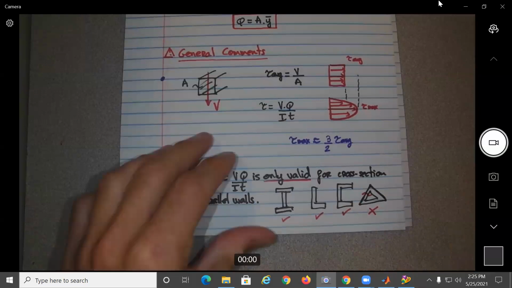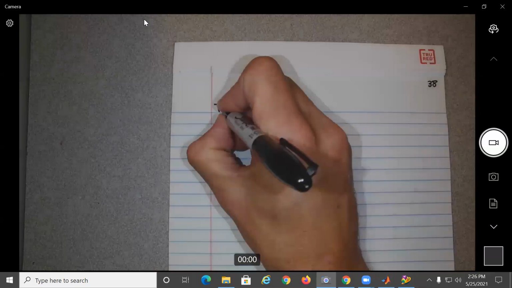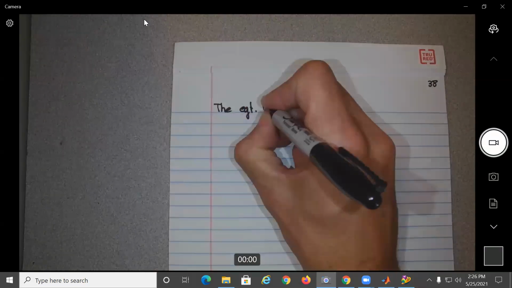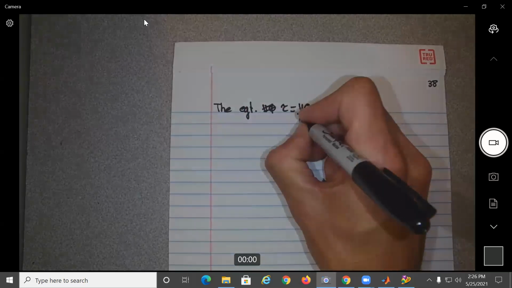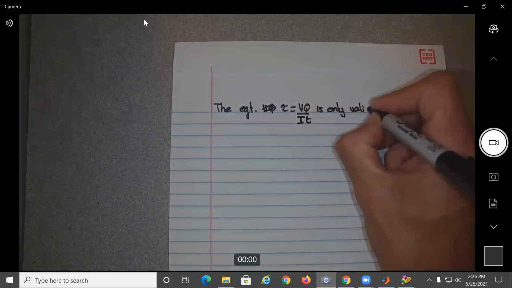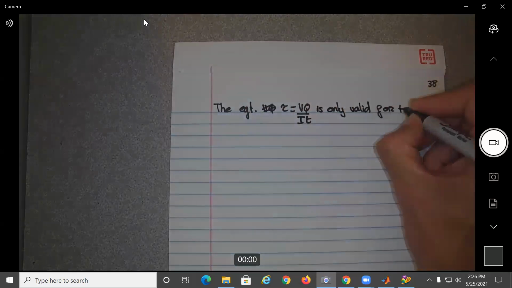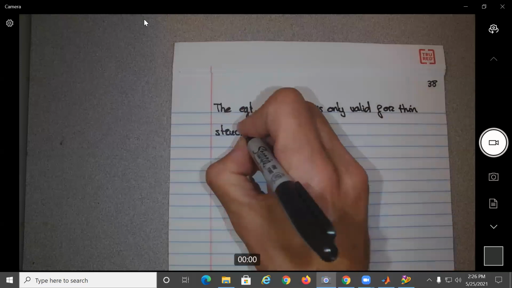All right, the other thing, another comment, but this is also true for the other one. All right, let me put it here. So the equation tau equal VQ over IT is only valid for thin structures.